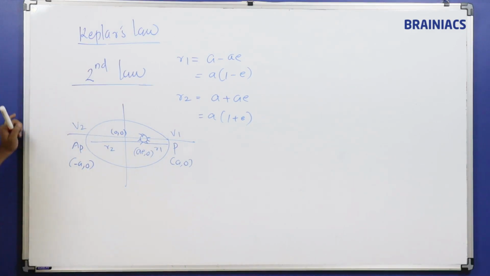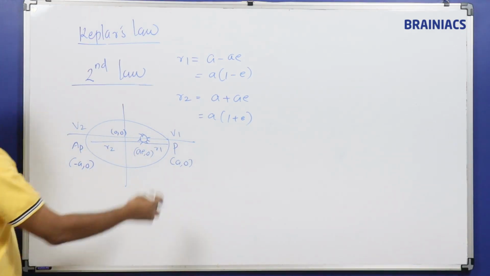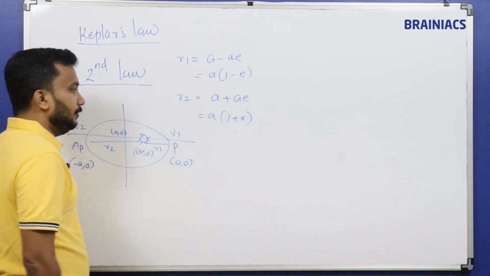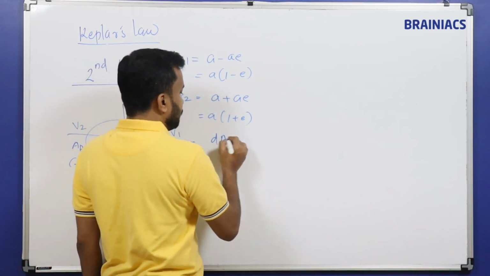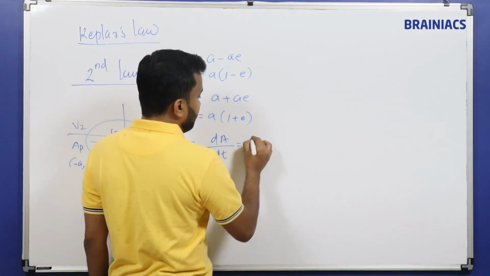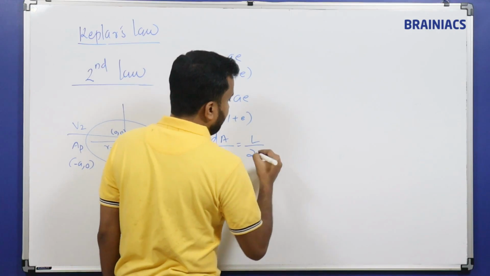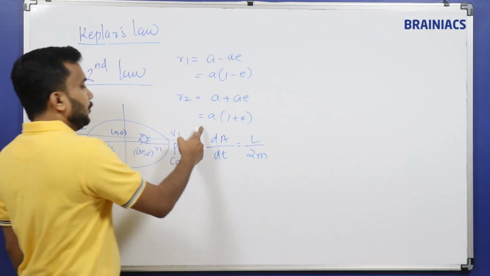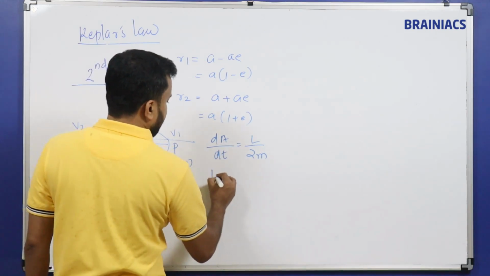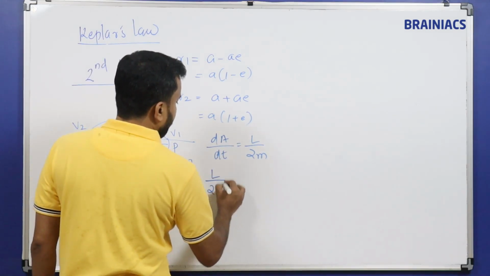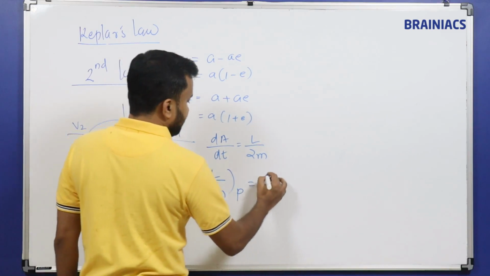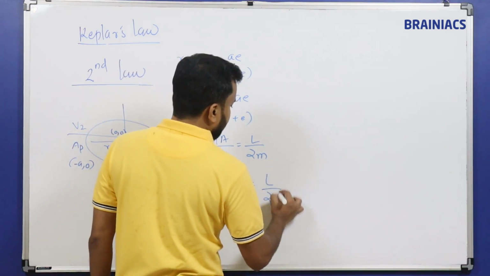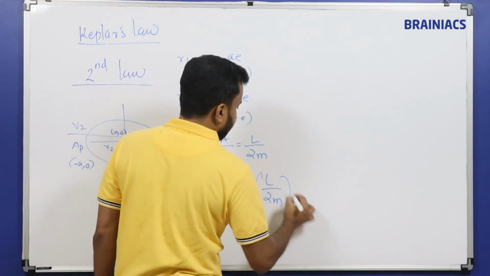Okay. Now what we are going to find out is the speed. What is the value of V1? What is the value of V2? We know dA by dt is constant, and which is equal to L divided by 2m, angular momentum divided by mass of the satellite. So dA by dt is L by 2m. I can say L divided by 2m at perihelion is equal to L divided by 2m at aphelion.